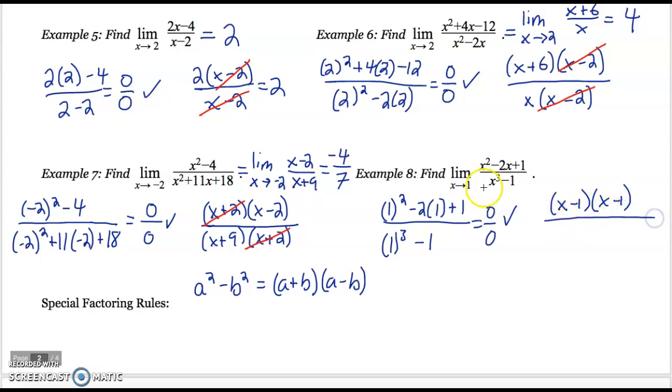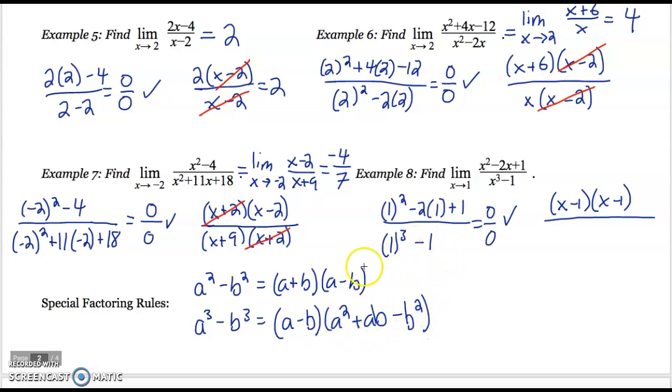And then on the bottom, this one you might not have seen for a while, and even if you saw it a while ago, you might have forgotten it. Over here we had the difference of squares, here we have the difference of cubes. The other factoring rule is if you have a cubed minus b cubed, you end up with a minus b times a squared plus ab plus b squared.